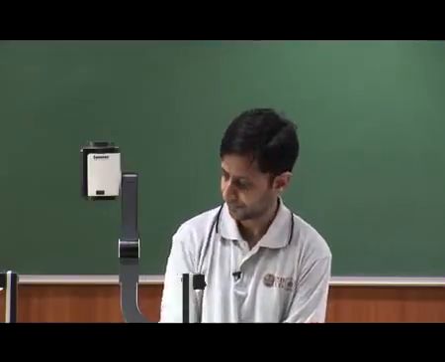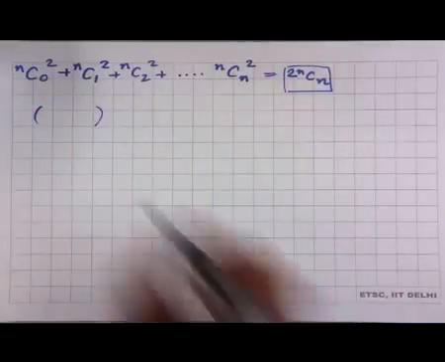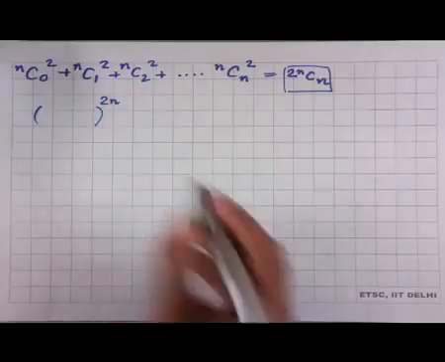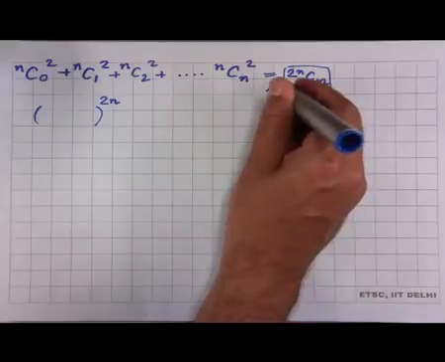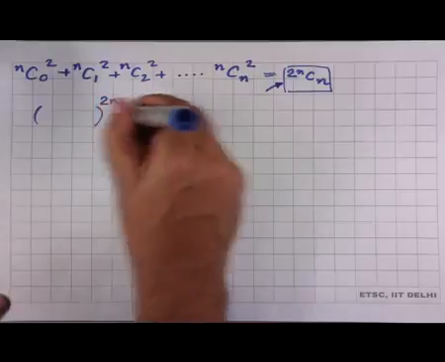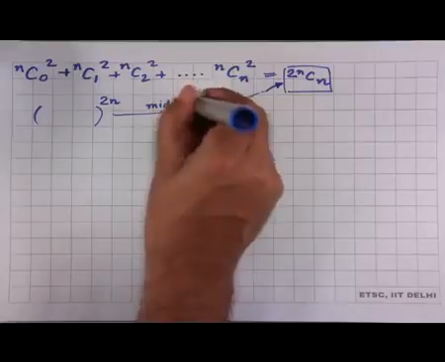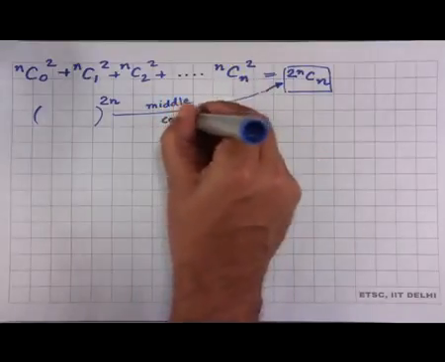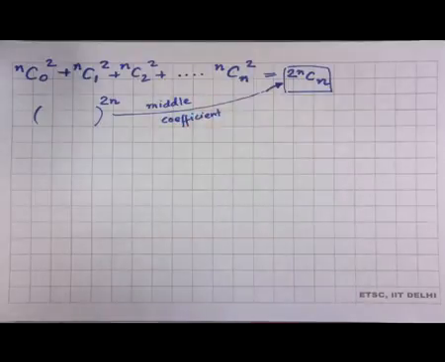What could it be? I want to work something out, some x and y whole power 2n, right, and the middle coefficient of this expansion, x plus y whole power 2n, that coefficient is 2n Cn, right.